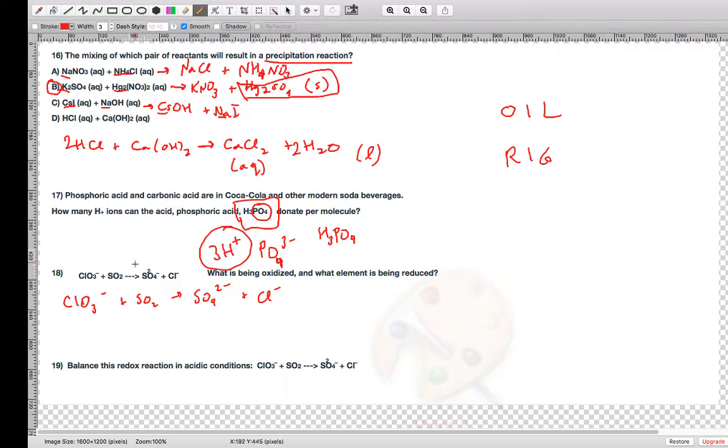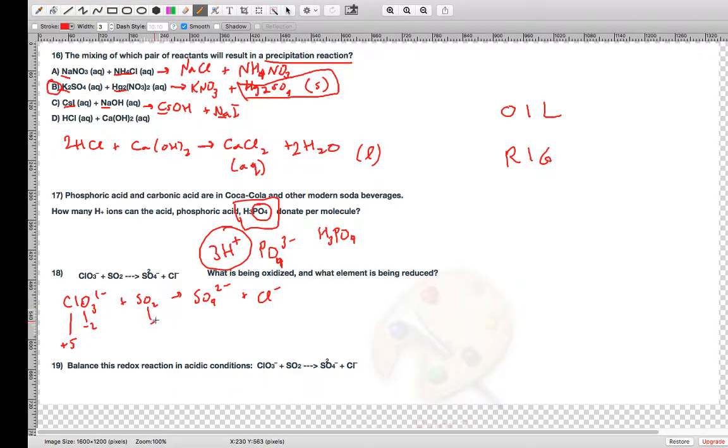So, who is getting oxidized and who is getting reduced? Let's look at this chlorine. The total charge is 1 minus, so the oxidation states need to add up to -1. The oxygen, we assume, is -2. So 3 times -2 is -6. So the chlorine needs to be +5 because 5 plus -6 equals -1.